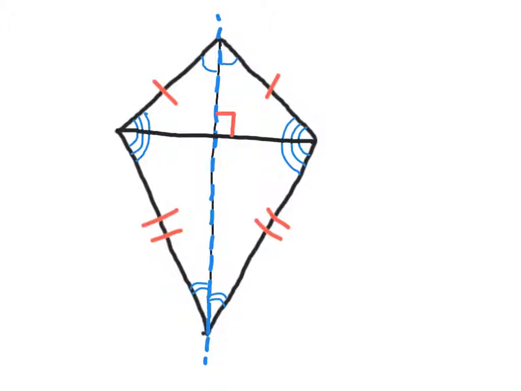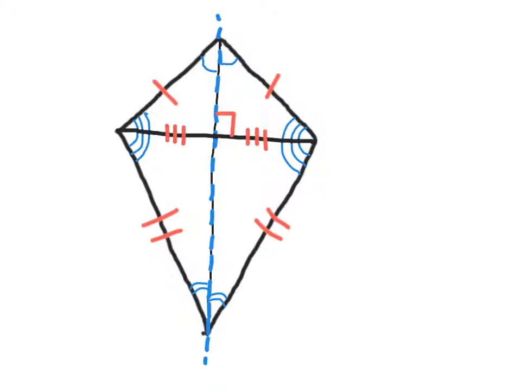My diagonals are perpendicular. But it's also a median, meaning these two segments have to be congruent to each other. That gives us another property for kites. The other property is that the vertex diagonal bisects the non-vertex diagonal. In a kite, the vertex diagonal will bisect the non-vertex diagonal.